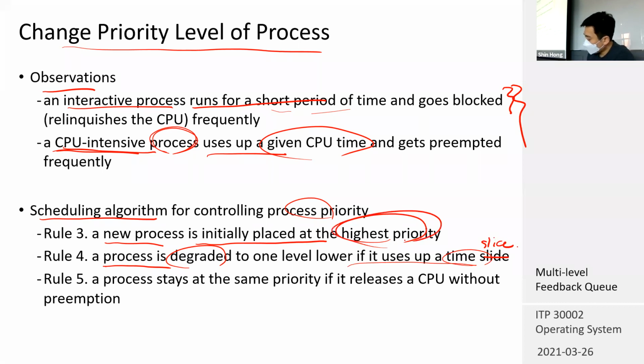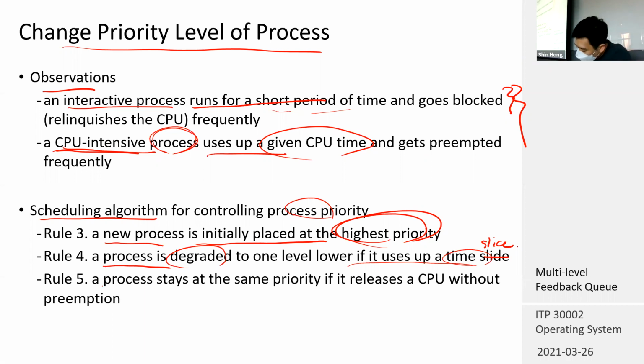Within the highest priority queue, round robin scheduling happens, so each process has one time slice and gets executed with the highest priority. If the process uses up the whole time slice, then it is long enough that it cannot be afforded in the highest priority queue, so it moves to the next lower level priority queue.